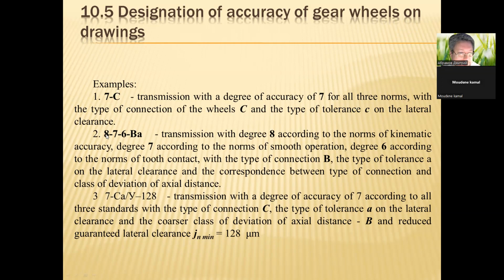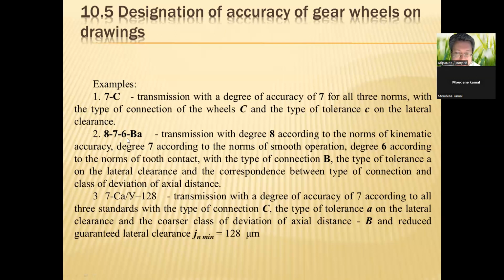Second example, 8-7-6-B-a. Transmission with degree 8 according to the norms of kinematic accuracy, in the first position. Degree 7 according to the norms of smooth operation.